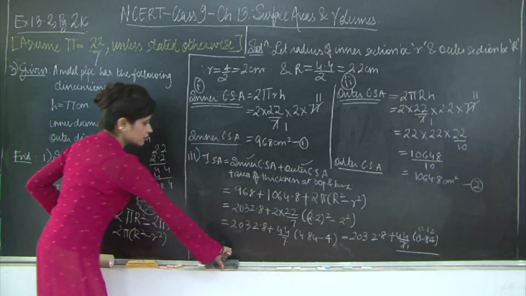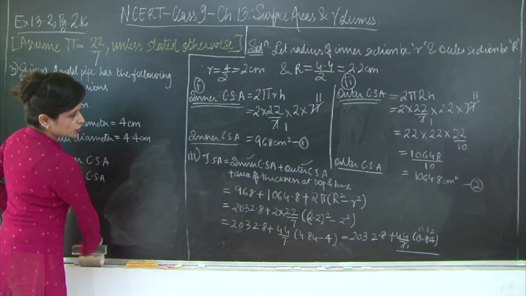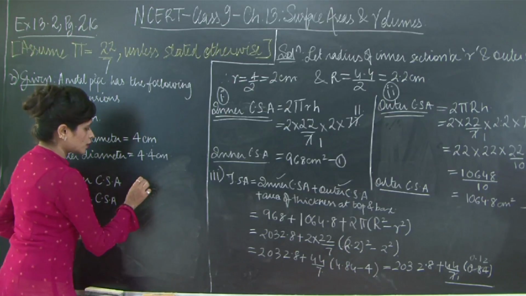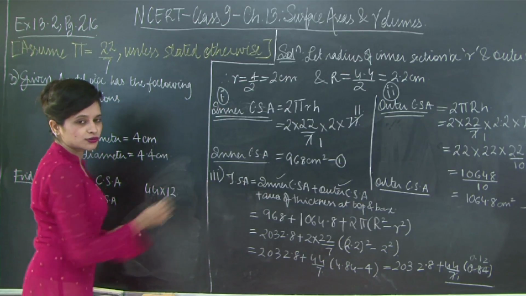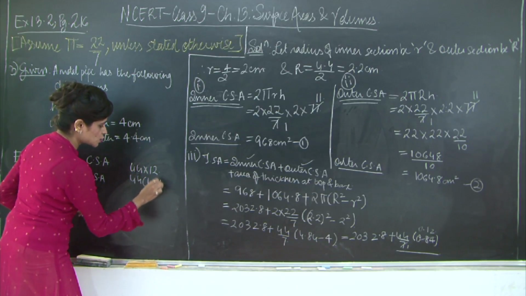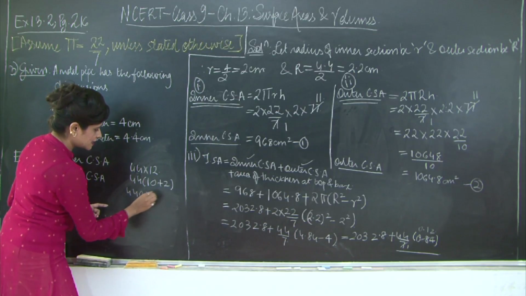So first we need to multiply these terms and then add it to 2032.8. So let's calculate this. Let's consider first 44 into 12. We'll add the two decimal places later. So 44 into 12 can be written as 10 plus 2. So 440 plus 88.